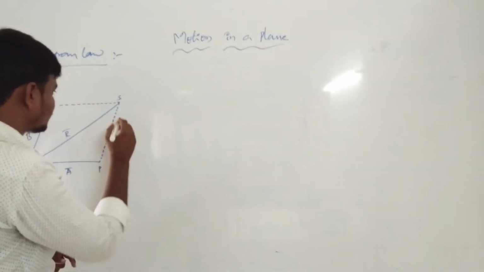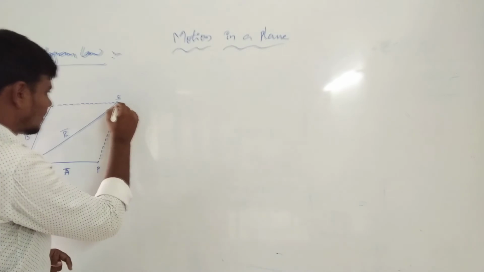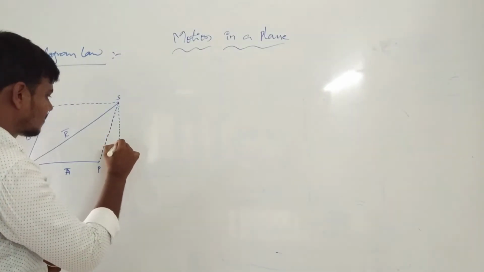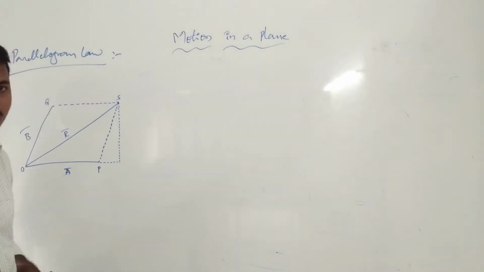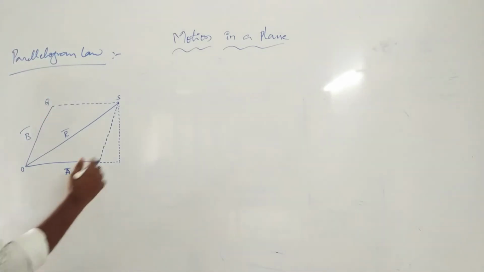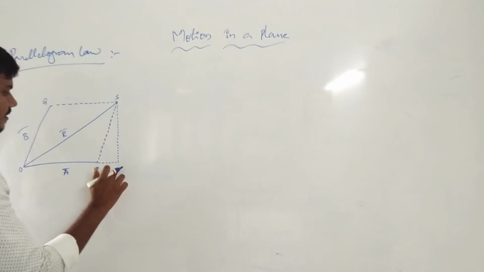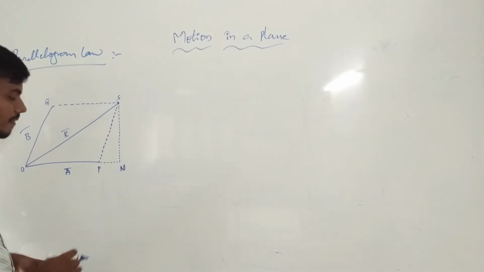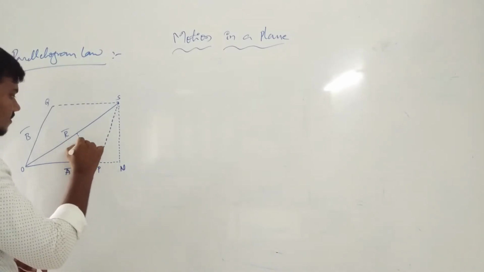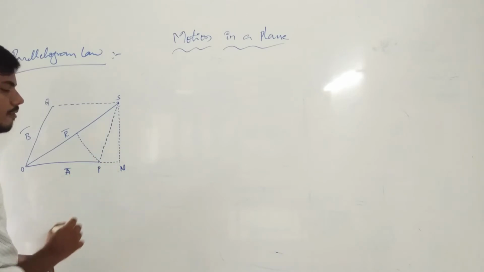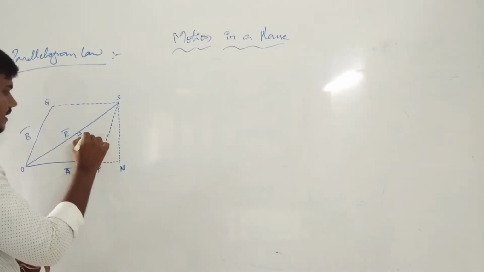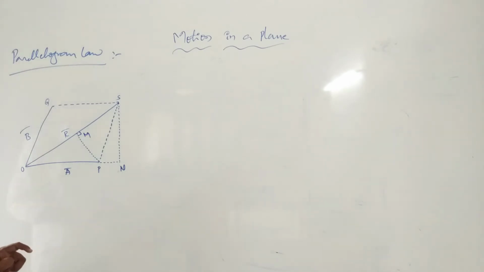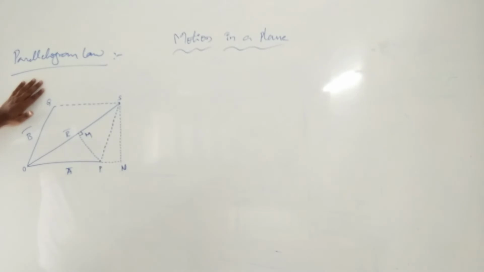Now we introduce the lines. As before, this is the perpendicular line, this is the M point. We introduce the first triangle from the parallelogram.